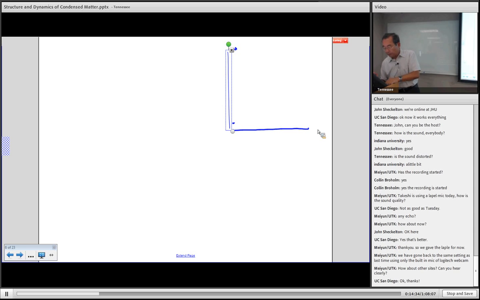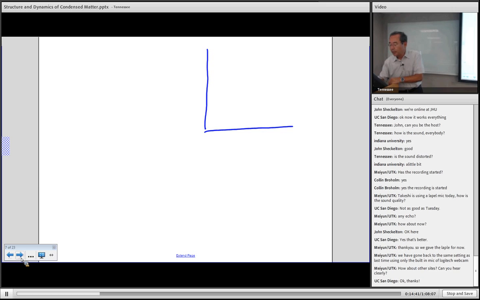Okay, I'll get to the next page. Again, the intensity is e^{-σ²Q²}.